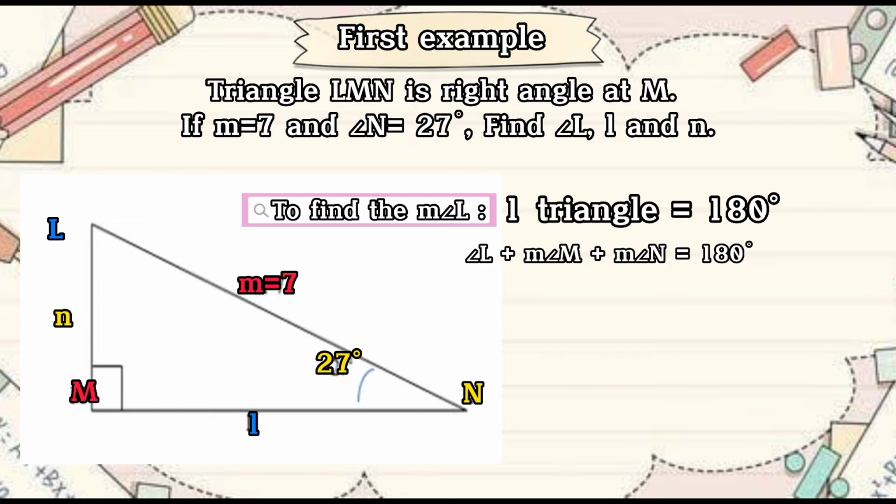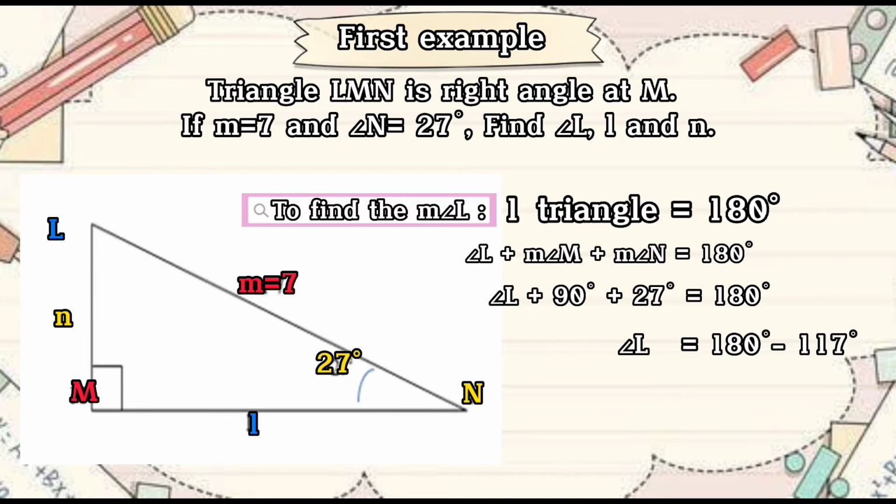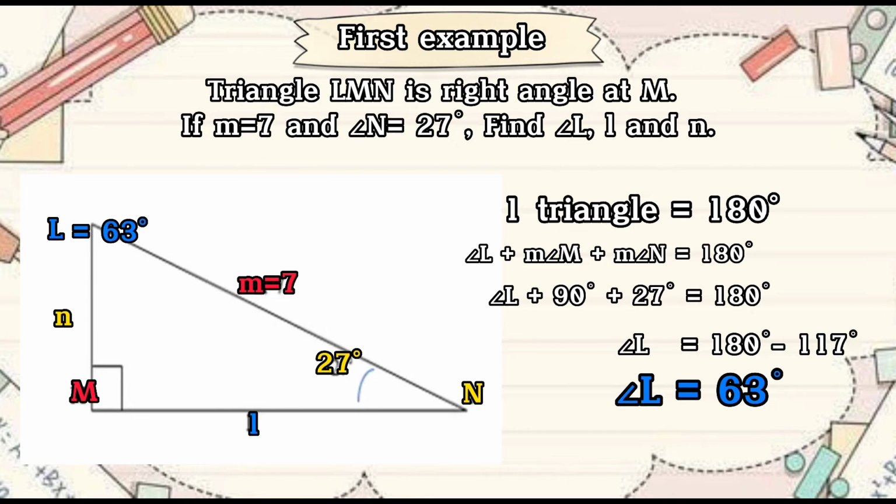So, substitute our given. So, this becomes angle L plus 90 degrees plus 27 degrees is equal to 180 degrees. And to get angle L, we transpose the 117 to the other side. So, the value of our angle L is equal to 63 degrees.